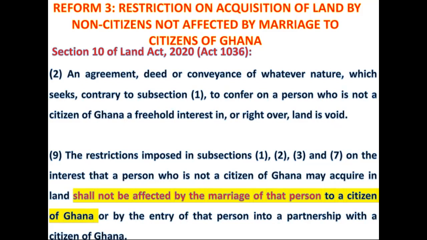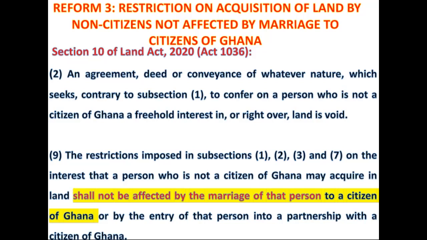In other words, the restriction placed on foreigners from acquiring the freehold interest or a leasehold beyond 50 years shall not be affected by the marriage of the foreigner to a citizen of Ghana or by the entry of that person into a partnership with a citizen of Ghana.